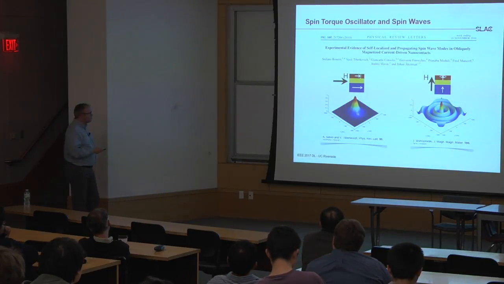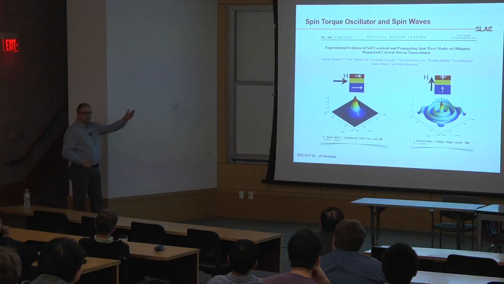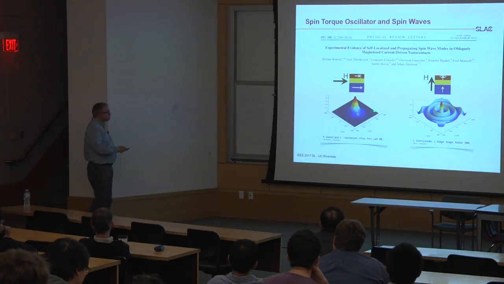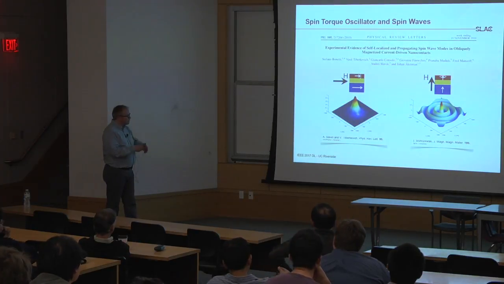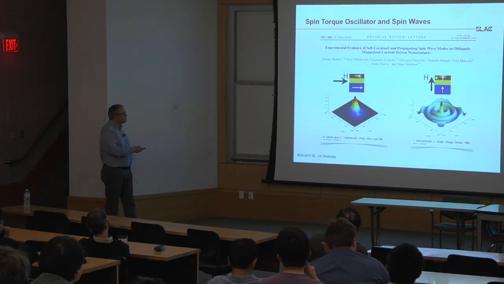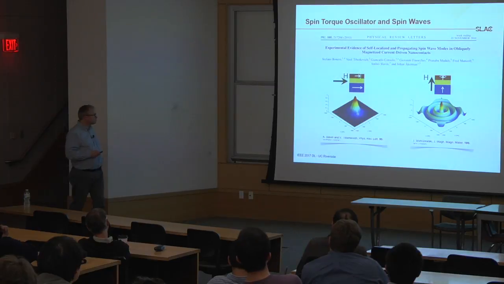You can have a very localized excitation, like in this case here, where you excite the ferromagnet just at the position of the contact, and you really have a bullet or a spin soliton. Or you can have a geometry like this, where spin waves are excited from the contact position, pretty much like throwing a rock into water.